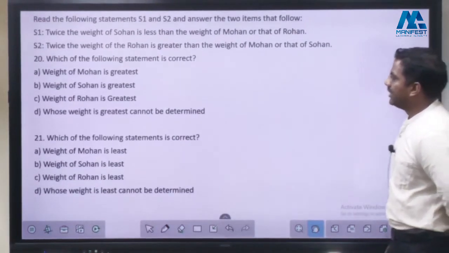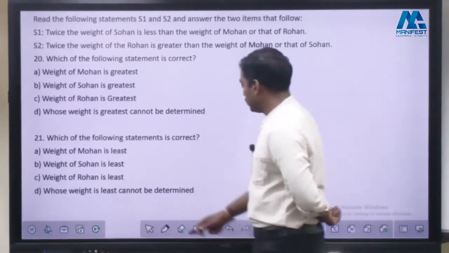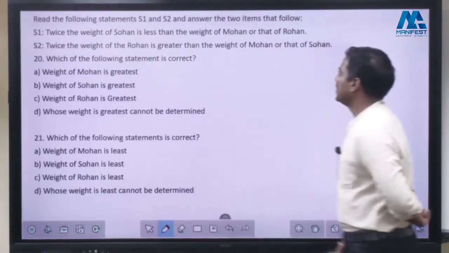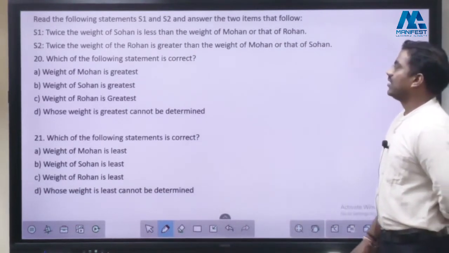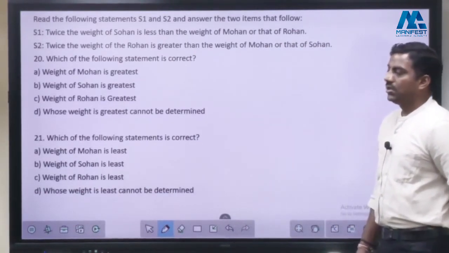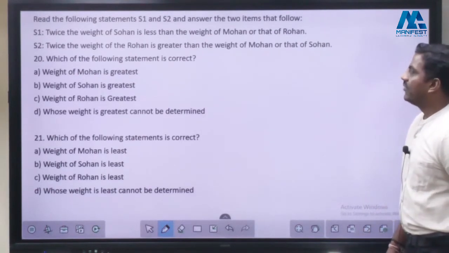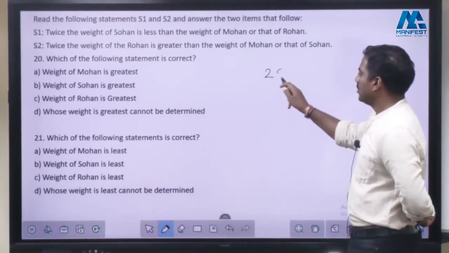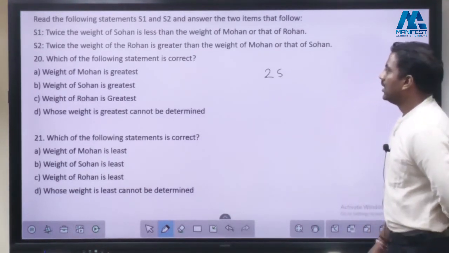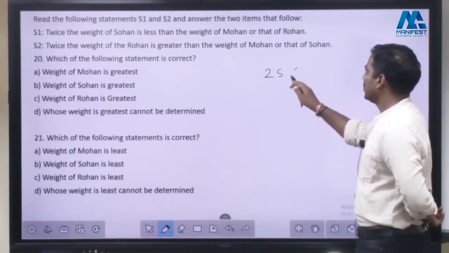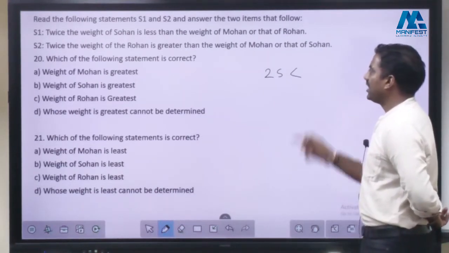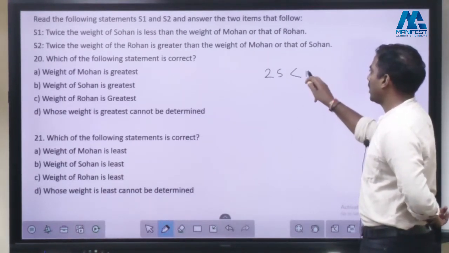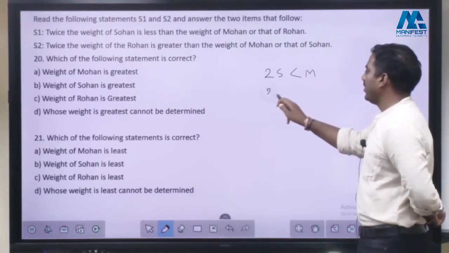Read the following statements, S1 and S2, and answer the items that follow. Twice the weight of Sohan, 2S, is less than the weight of Mohan or even the weight of Rohan.